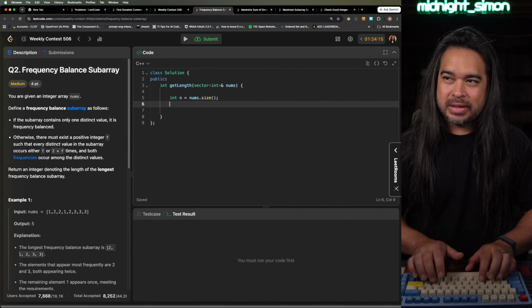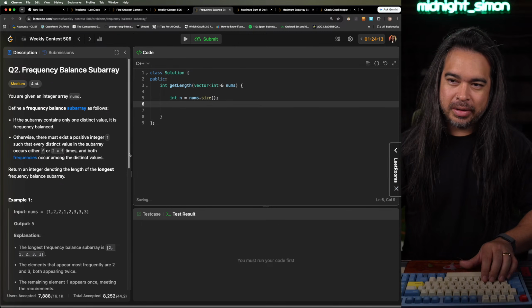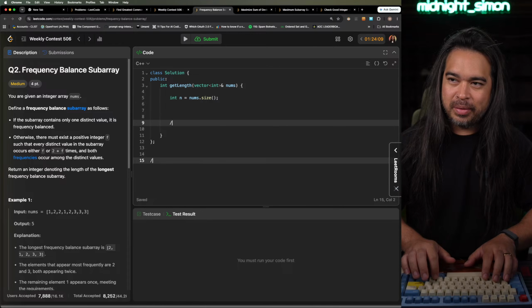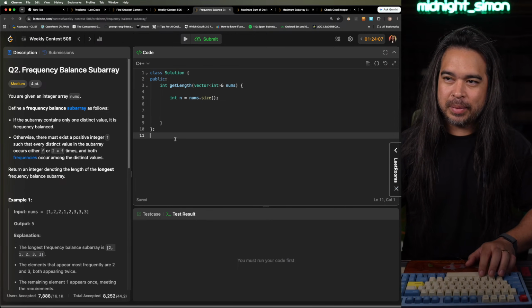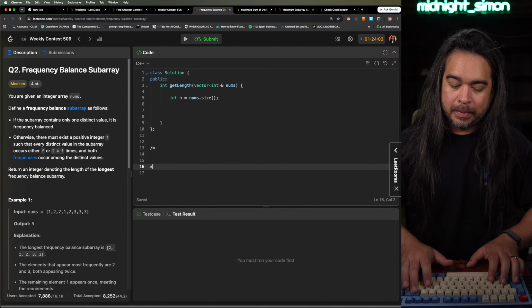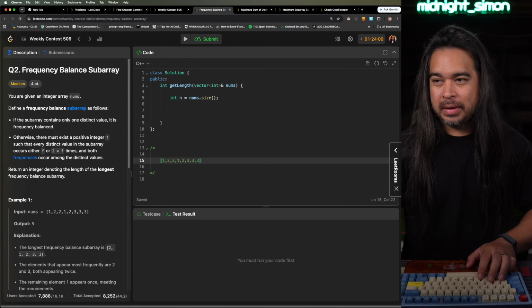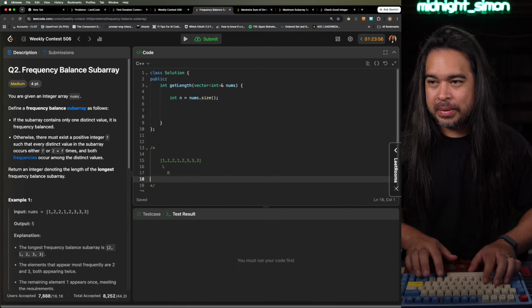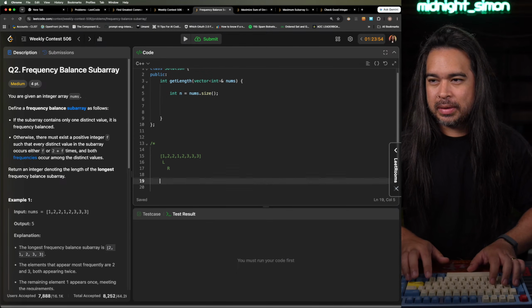I'll try a sliding window. Let me think. Before I try and implement it, let me see if it even works on the example first. So if we had a sliding window, and then what are we keeping?